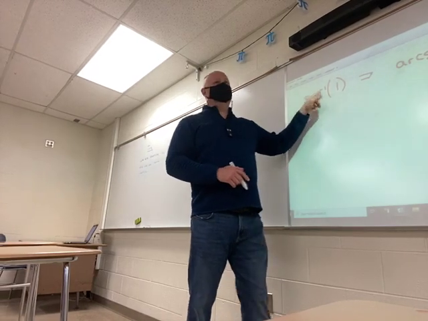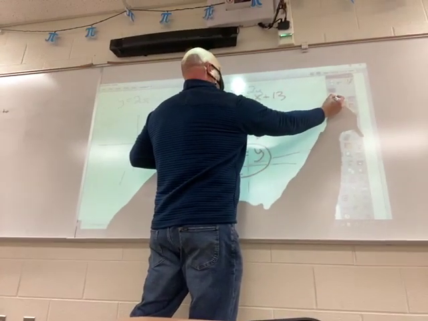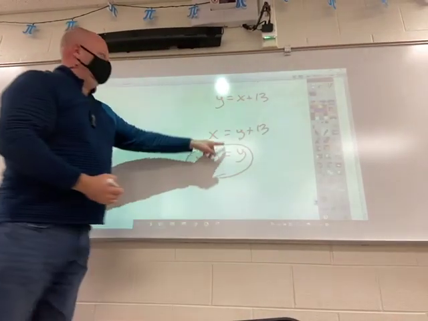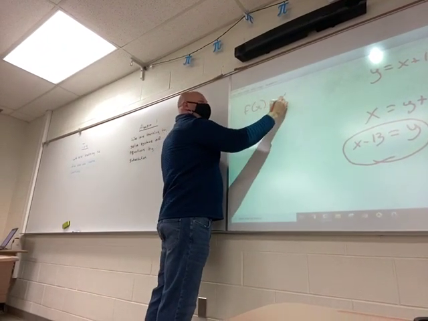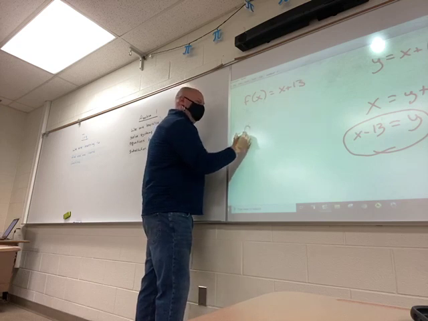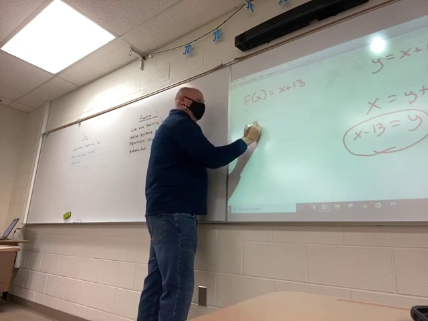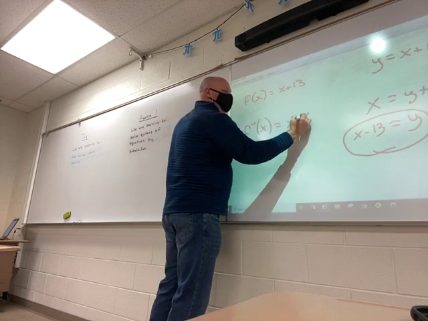The reason they use this notation is that in function notation, if you say f of x is equal to x plus 13, then the way you write its inverse is you put f and a little negative 1 there. This means the inverse.